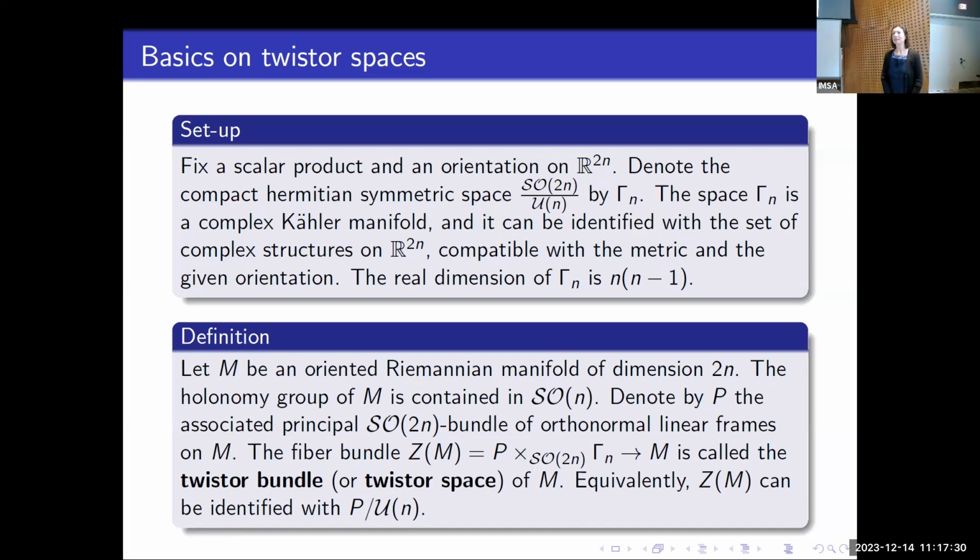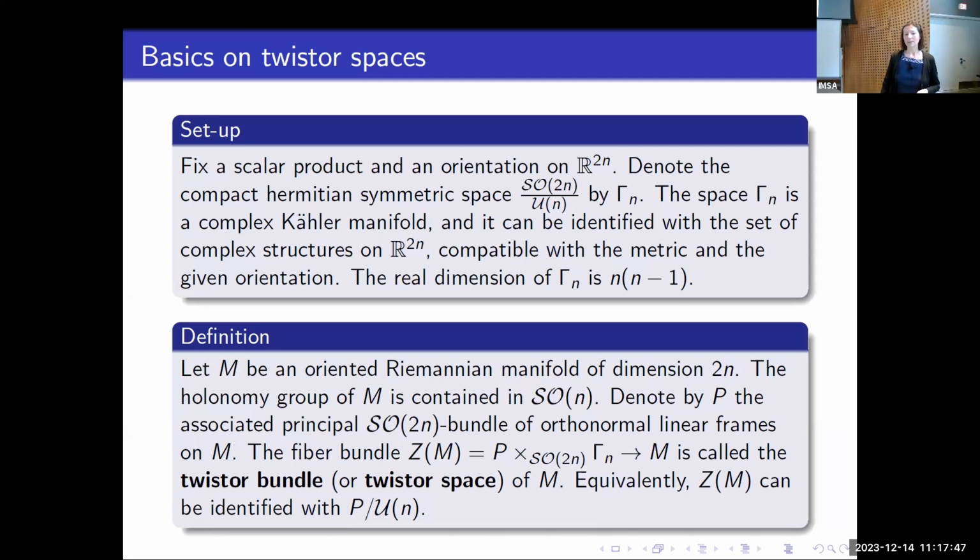So now, locally, if you take an oriented Riemannian manifold of dimension 2n, you can patch it up by local charts that look like R^2n. So you can make this construction global.